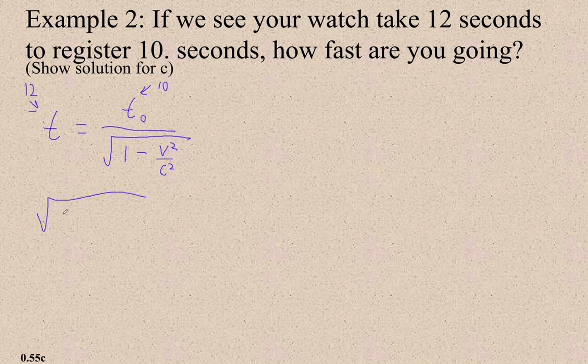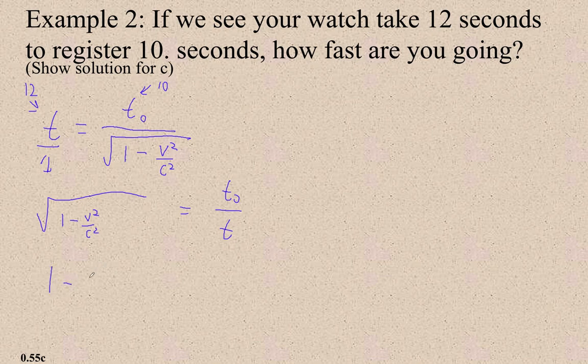The square root of 1 minus v squared over c squared is equal to t naught over t. So what I did was cross multiply and divide. I know that this guy's over 1, and I can switch the numerator and the denominator on both sides. Then I'm going to square both sides.